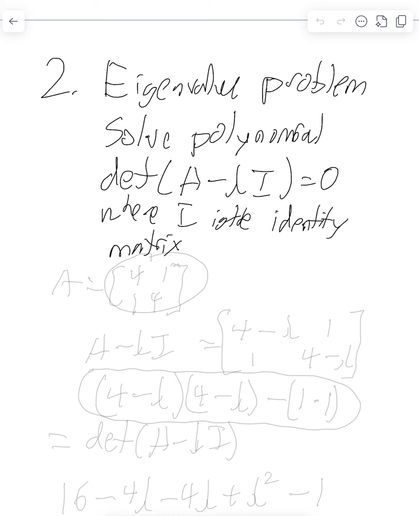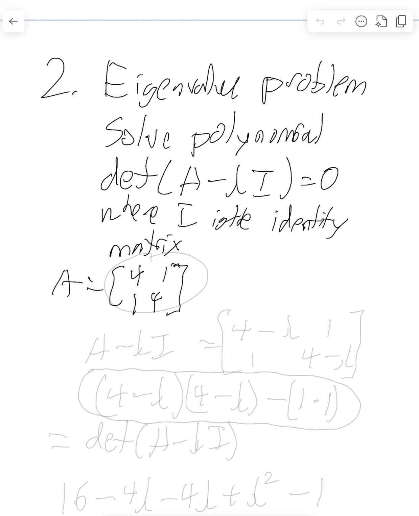From above, A is equal to 4, 1, 4, 1. Oh, no, sorry. 4, 1, 1, 4. So we can use that here.